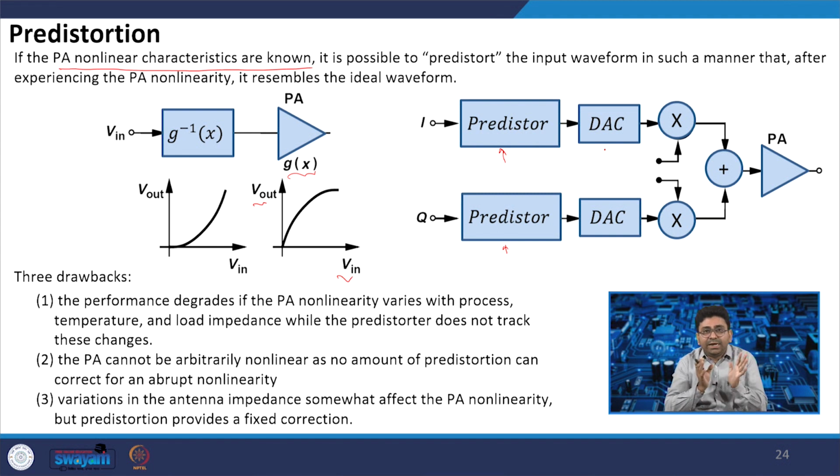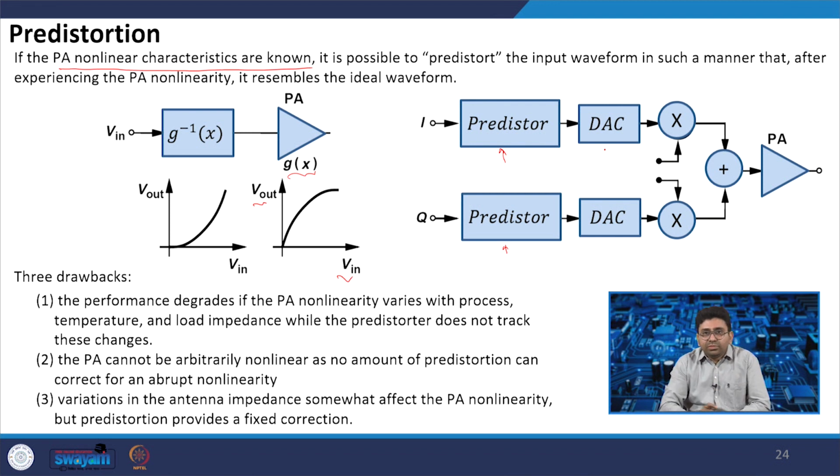There are three drawbacks of this method. First, the performance degrades if the power amplifier nonlinearity varies with the process, temperature, and load impedance, while the pre-distortion does not track these changes.